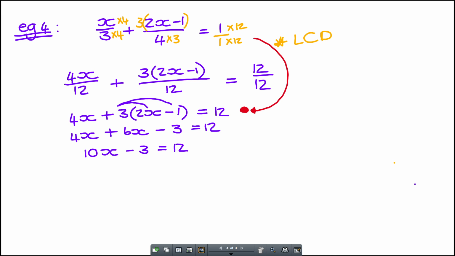What do I do now? Unknowns to the left, normal numbers to the right. So 10x was already on the left. This minus 3, I want you to take over, so it will become 12 plus 3. So you can skip to, hold on, 10x is equal to 15, yeah?